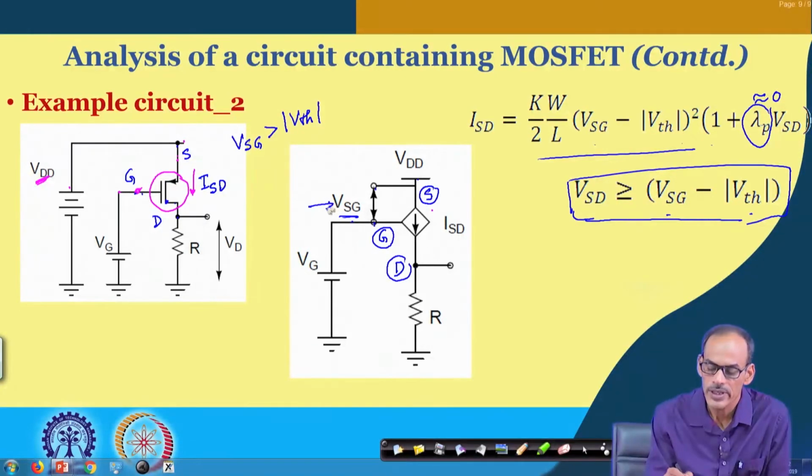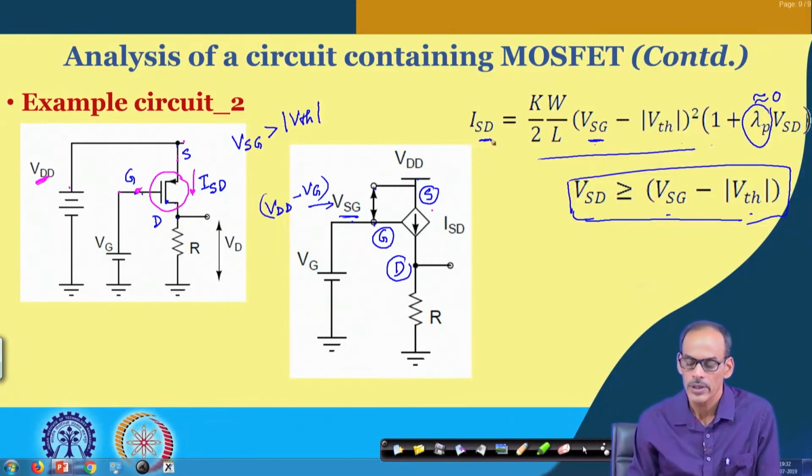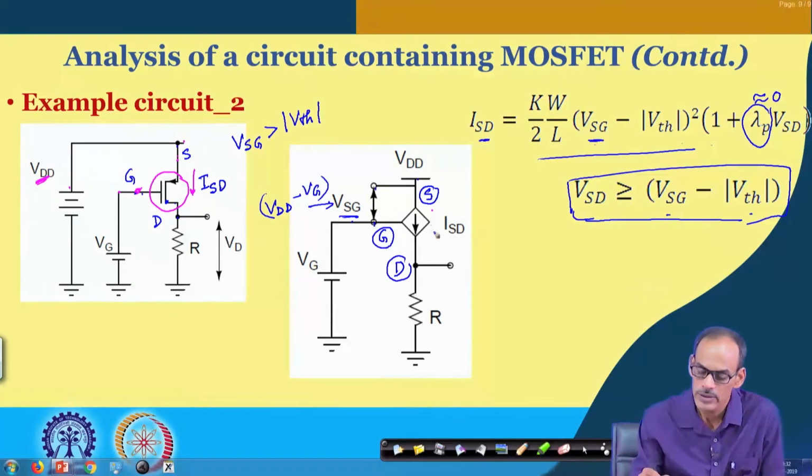So, in this case, this is VDD minus VG. That voltage we can plug in here, and then you can find this current, which of course is flowing from source to drain. This current is also flowing through the resistor or load.